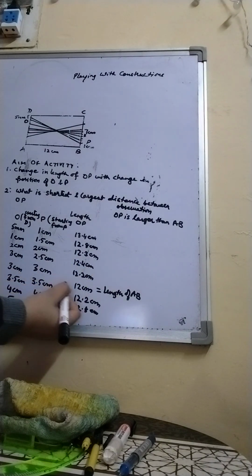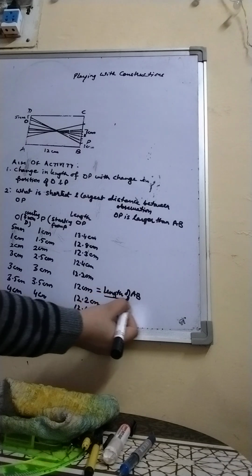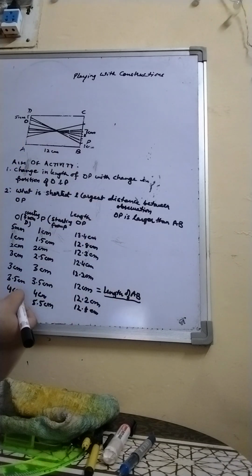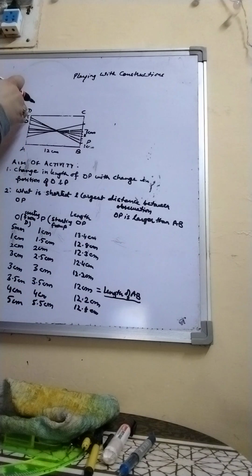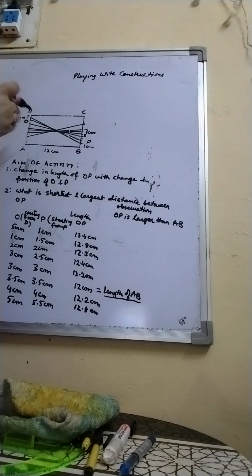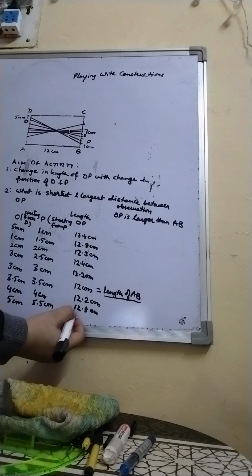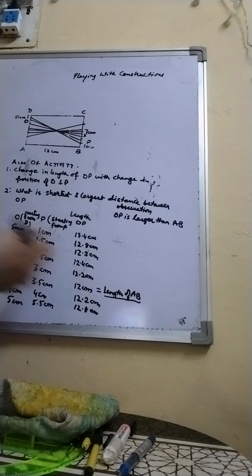And at one point the length became equal to the length of AB. And after that, when you take O more away from D or closer to A, we get again the distance has started increasing.